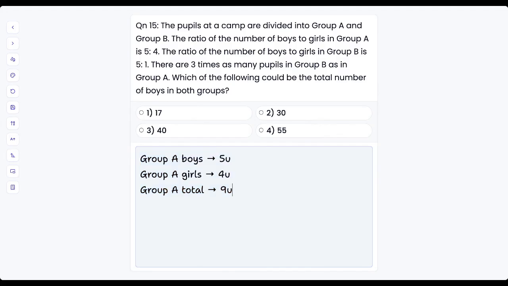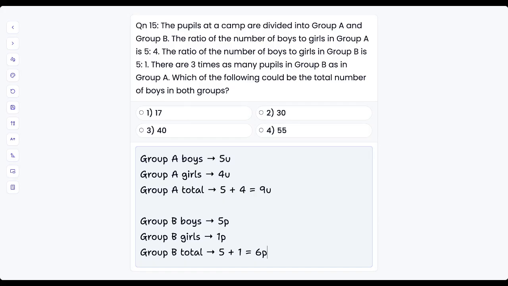Next one, these groups are different, so we're going to use parts for group B. So group B boys is 5 parts, group B girls is 1 part. Then group B total is equal to 5 plus 1 equal to 6 parts. For group A, this will be 5 plus 4, which is 9 units.